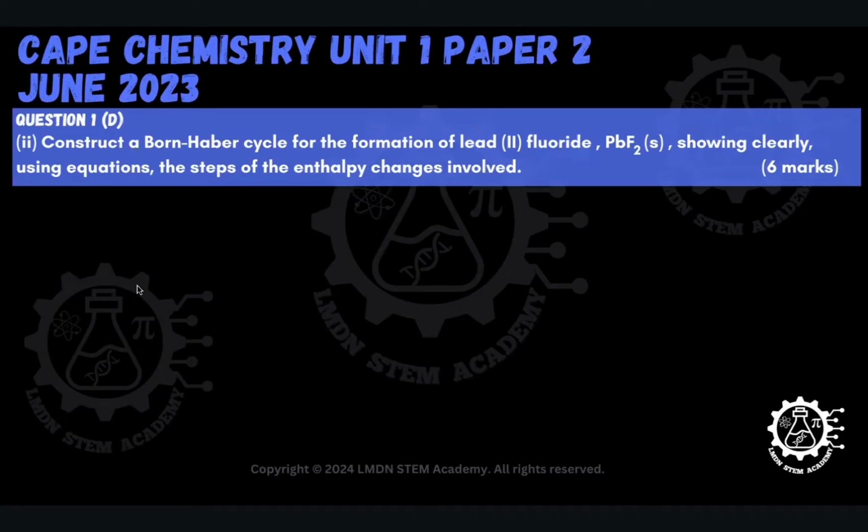So we can start from, if we're making lead-2 fluoride, fundamentally at the basic level it is comprised of lead solid, so Pb solid, right, and F2 gas, right? So that's fluorine gas, okay?